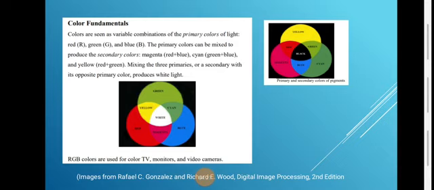When we combine the primary pigments, magenta, yellow and cyan, in proper proportion, we can produce black. Combining red, green and blue in equal quantity produces white.